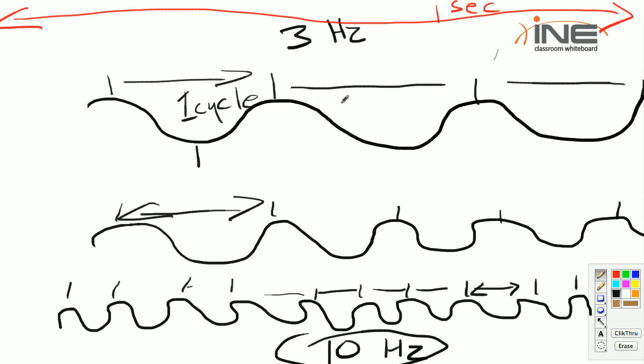And if you think about it, that just makes sense. If I have a lower frequency of 3 hertz, it's going to travel longer to complete its cycle. From here to here, it's going to travel a longer distance to actually complete that cycle.